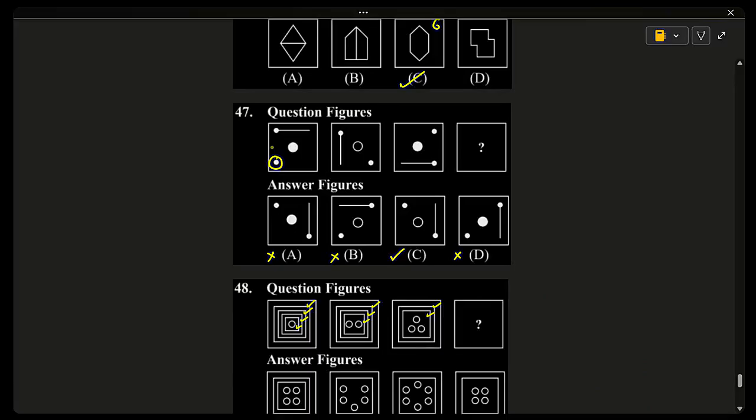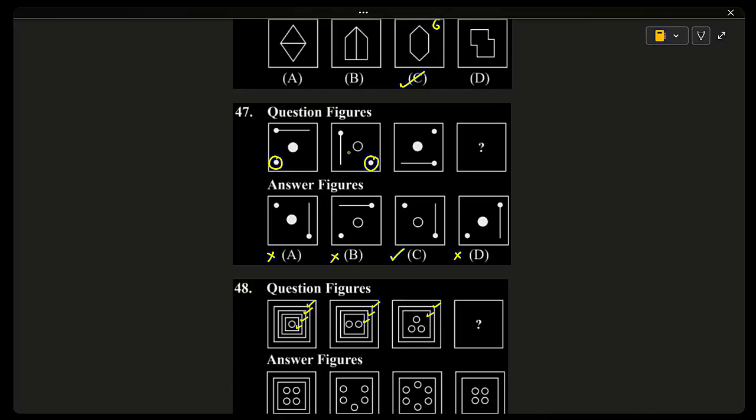Direction. What is the direction of that? Which corner? Southwest. Yes or no? Okay, sir. And which corner?